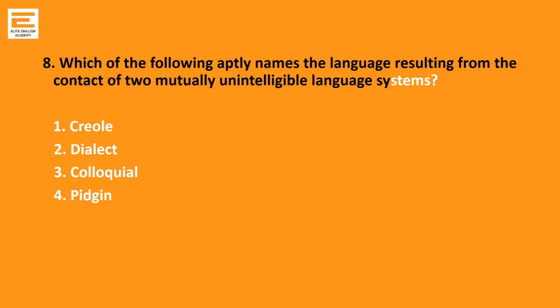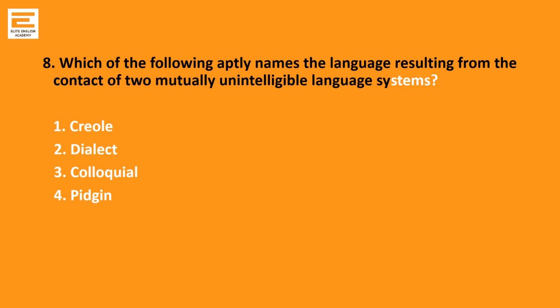Then pidgin. Pidgin is a grammatically simplified means of communication that develops between two or more groups that do not have a language in common. For example, when the British people came to India first, to establish communication, what was available was pidgin.